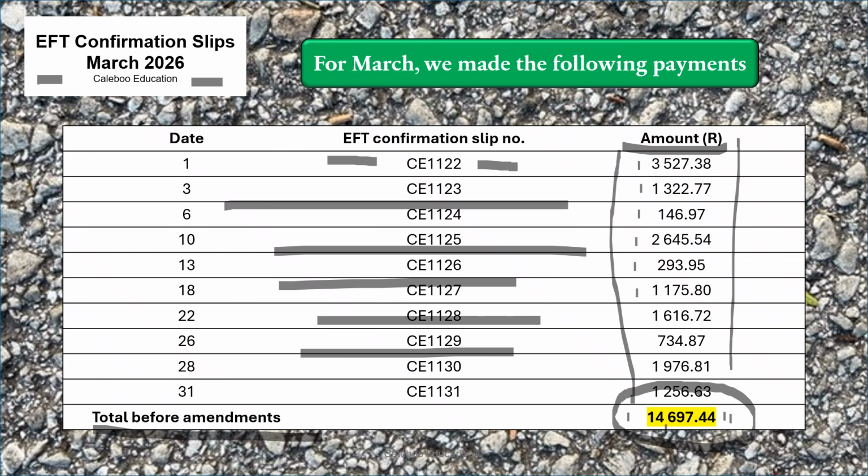So when we do the reconciliation, that is going to be our starting point for the payments. So this here is a summary of what payments are in our books, Calibre Education books.